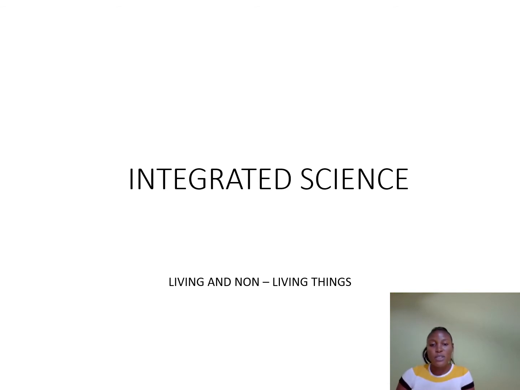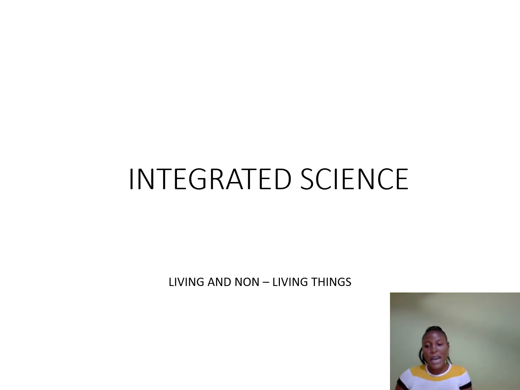Today, I'm going to treat a subject with you called integrated science. And we're treating the topic of living and non-living things. Now, I know when you were in class one, you learned what living and non-living things are. Living things are things that have life in them, and non-living things are things that do not have life in them.